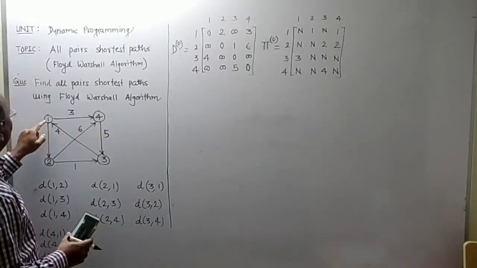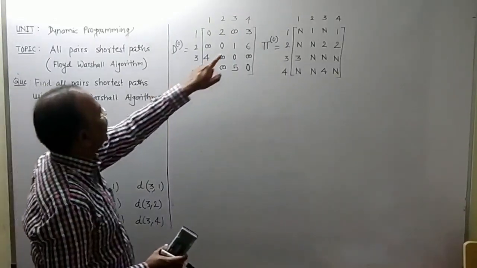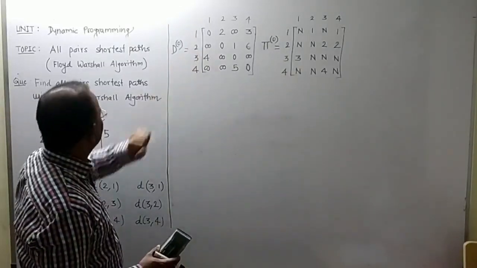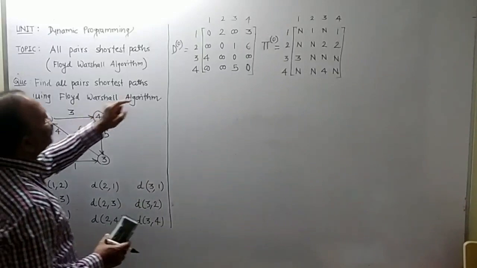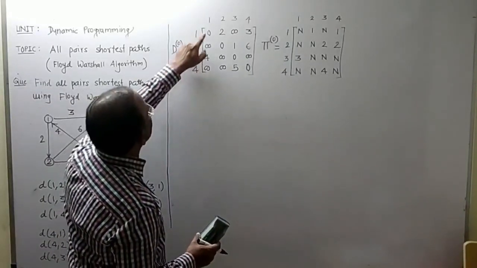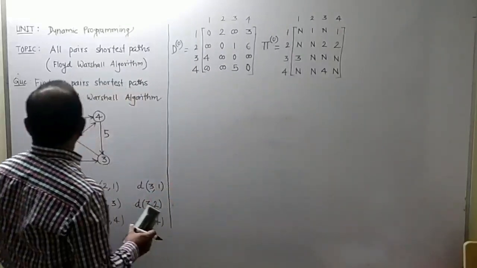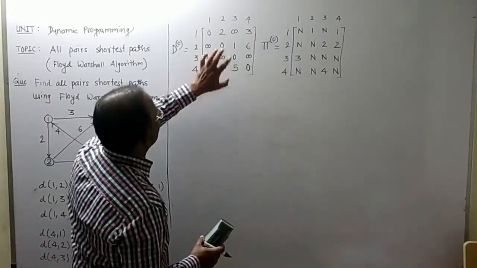Then 1 to 4, there is a direct distance from 1 to 4, that is 3. Now start from vertex 2. Then 2 to 1, there is no direct connection from 2 to 1, so infinity is written here. Then 2 to 2, distance is 0.